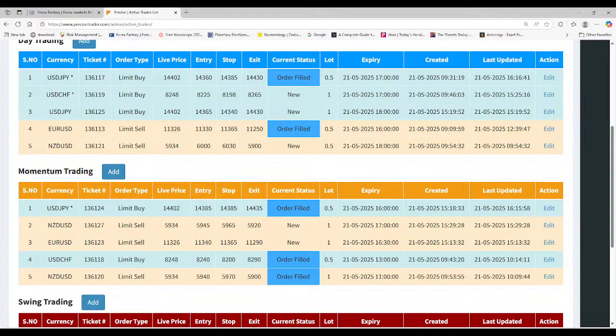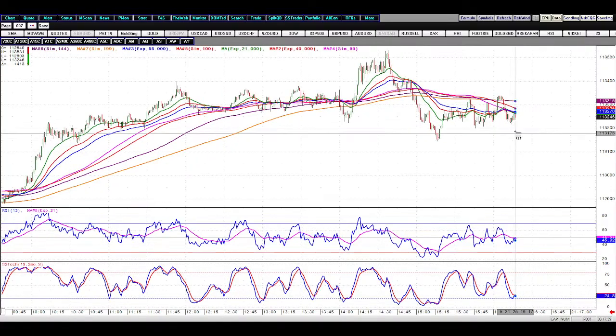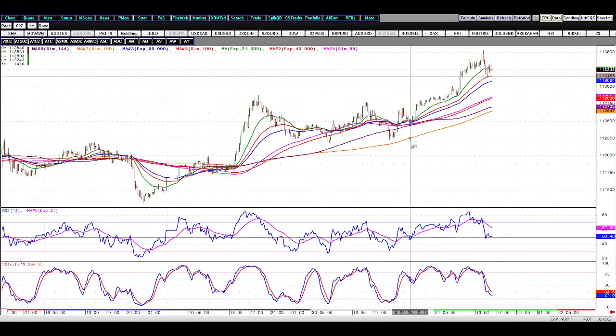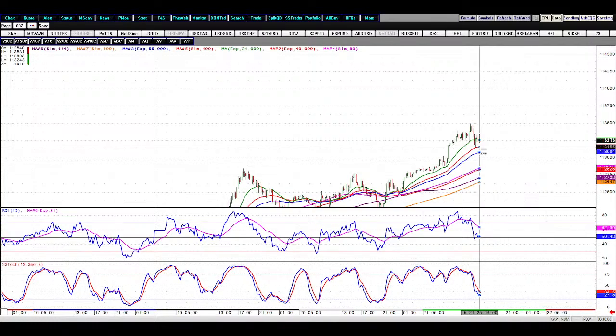Now next we go into euro dollar. The euro dollar is caught in a congestion. Not to say a range: a range on the 1 minute and congestion on the 15 minute.